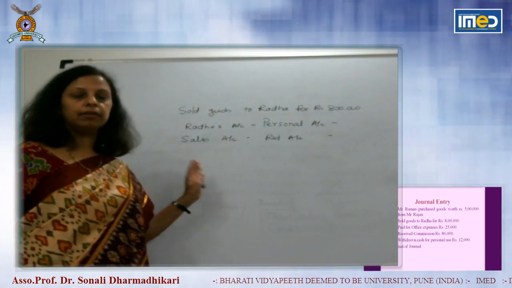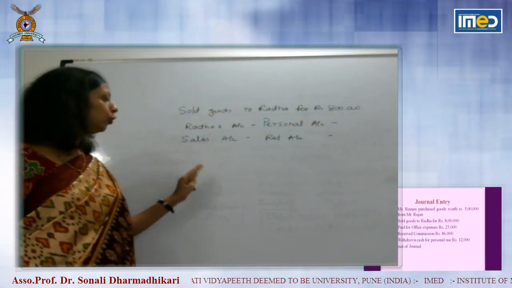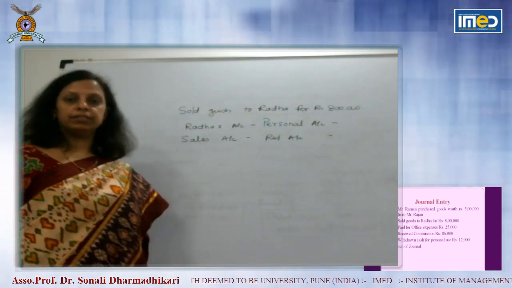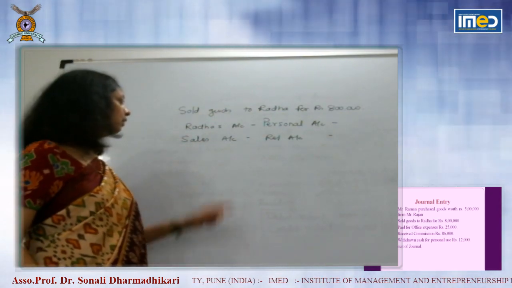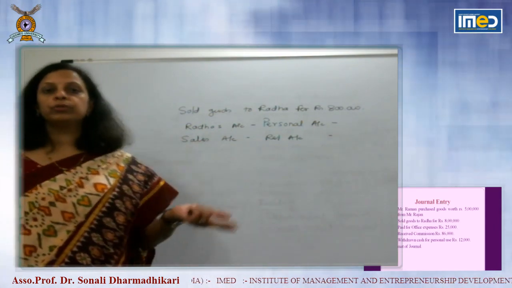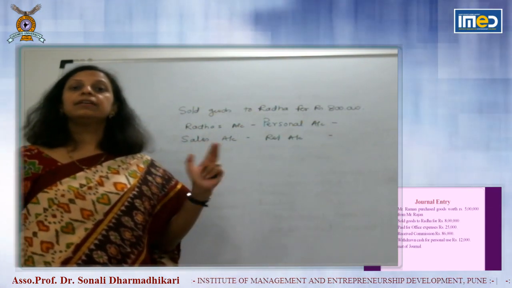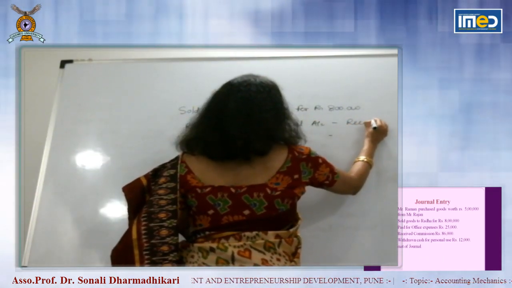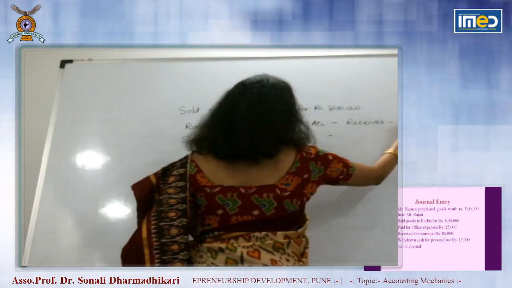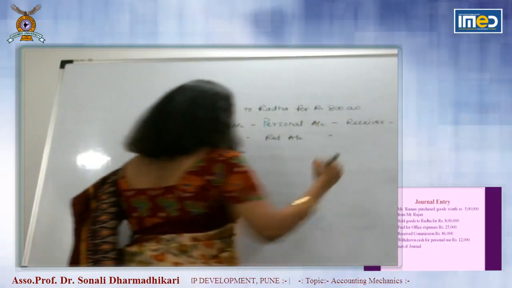Next step, apply golden rules. The rule of personal account is debit the receiver, credit the giver. Now when you have sold goods to Radha, Radha is receiver of goods. So her account will be debited.